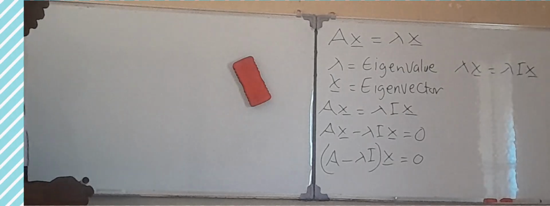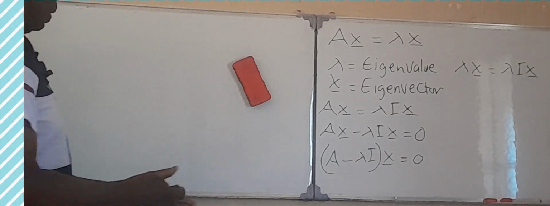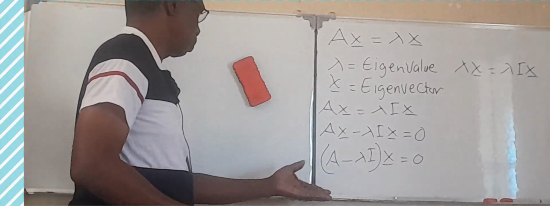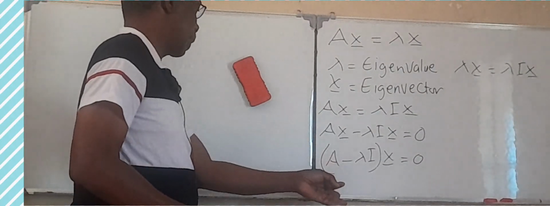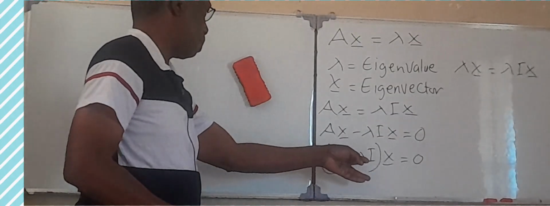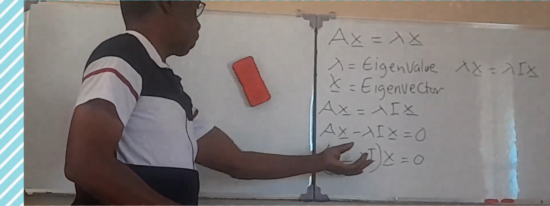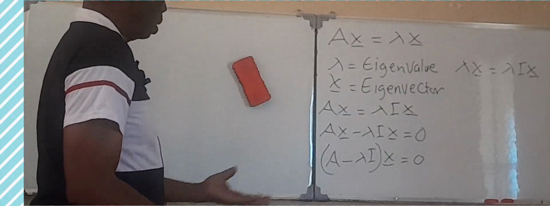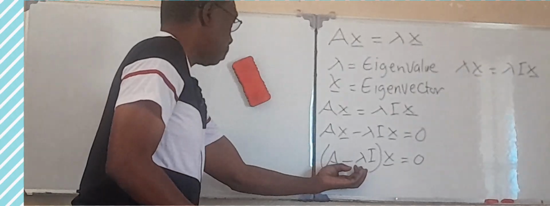Now this is a matrix equation saying the matrix inside, because what is inside here is just another matrix. It's matrix A minus the identity matrix multiplied by lambda, which is just another matrix. We could call it B or we could call it matrix C, but it's just a matrix inside the brackets.